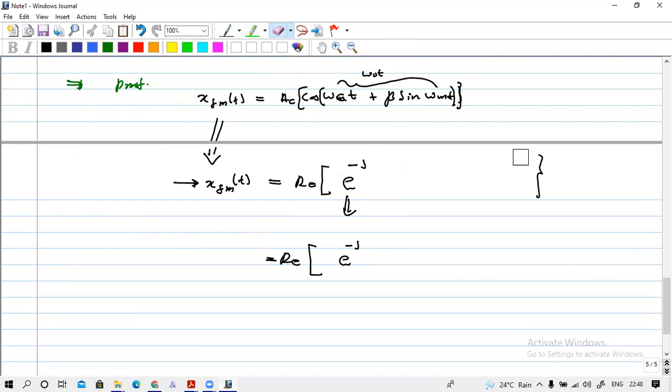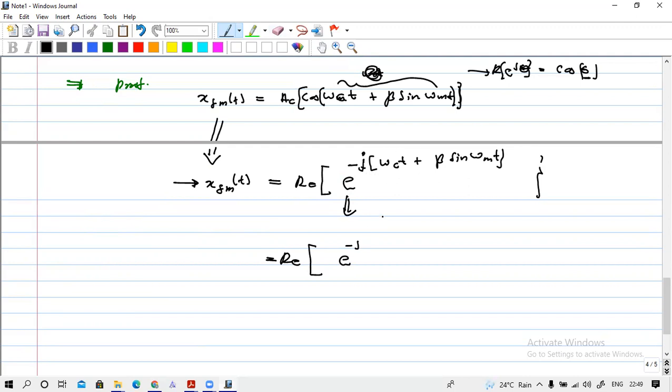Here, if we consider this as theta, the real part of e to the j theta is equal to cos theta, no? So I have to use this theta only, that means this theta, not the cos. Here we have j times omega_c t plus beta sine omega_m t, because this is theta. So the cos value is not here.